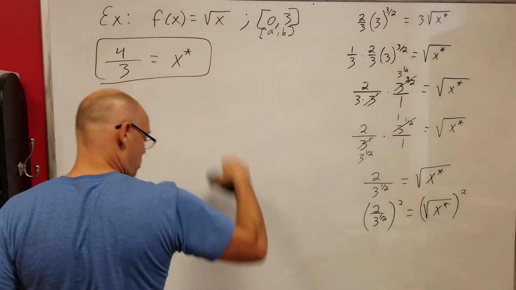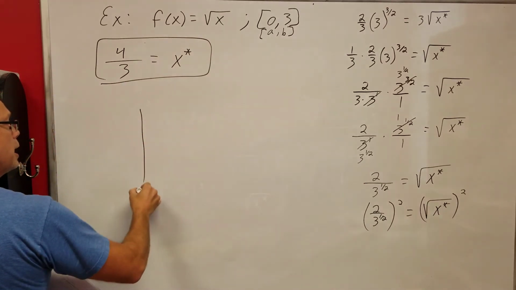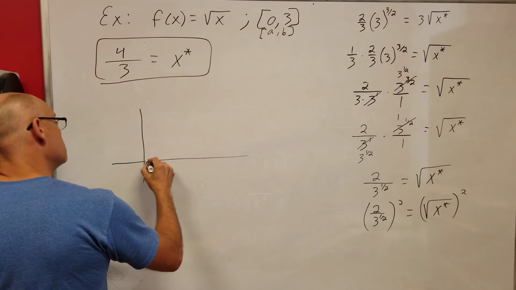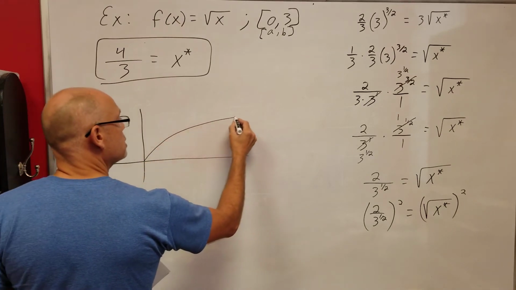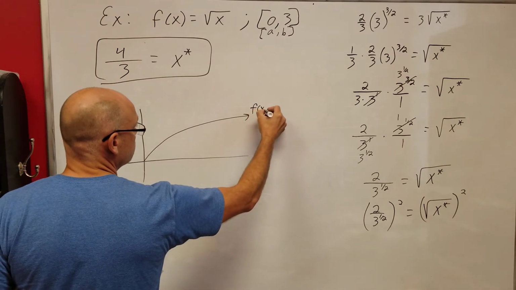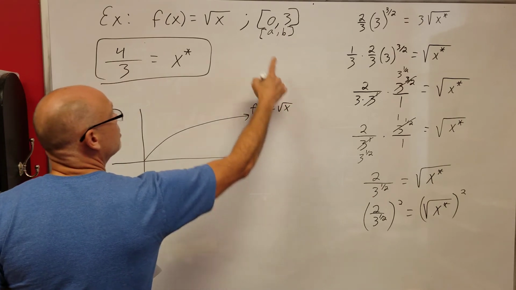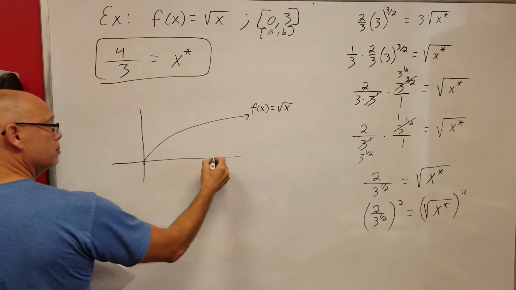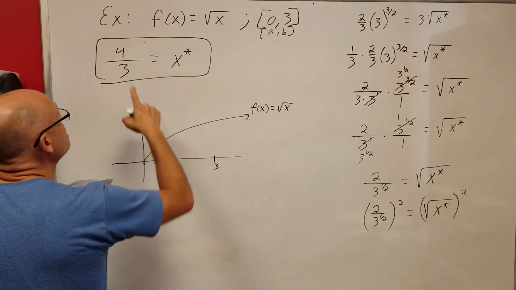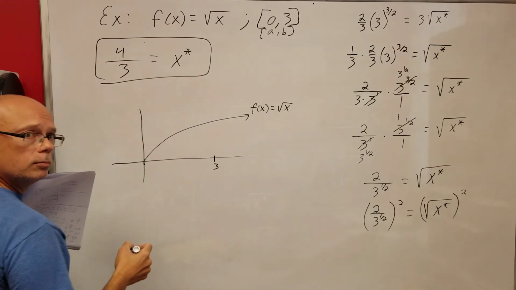What do we have? We had the square root of x. I'm just kind of checking to see if I'm somewhere in the right ballpark here, okay? Square root of x looks like this, right? I'm looking between 0 and 3 right here. Now let's see, where is 4/3?